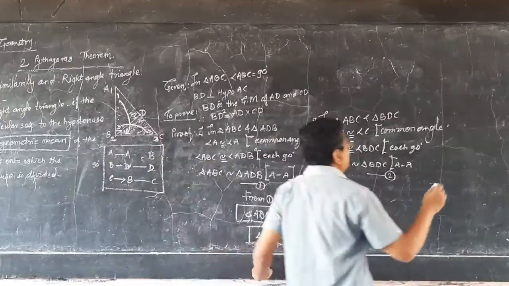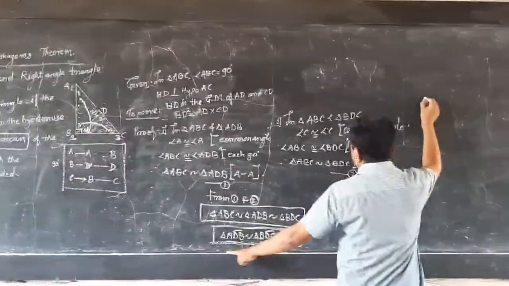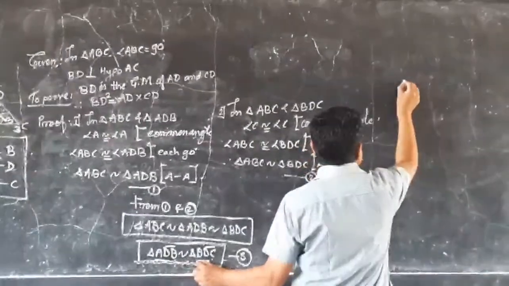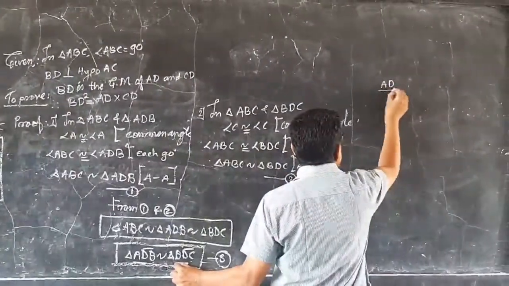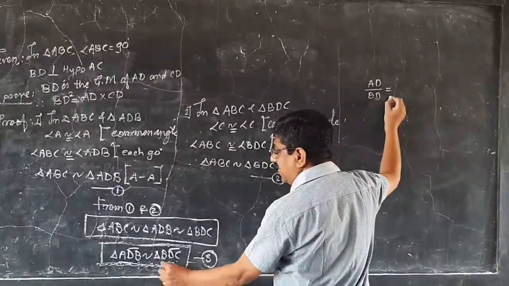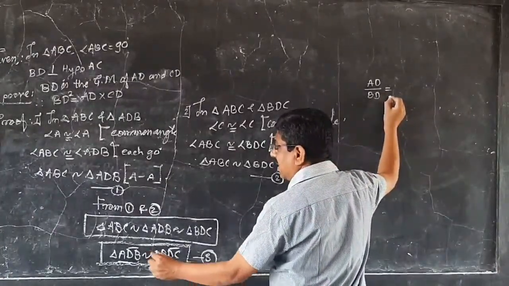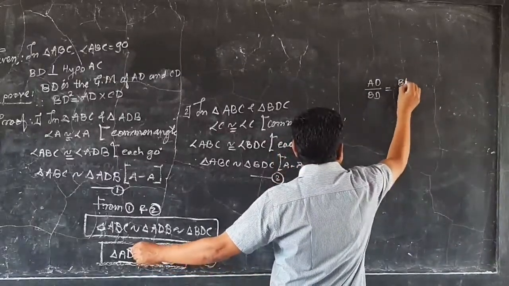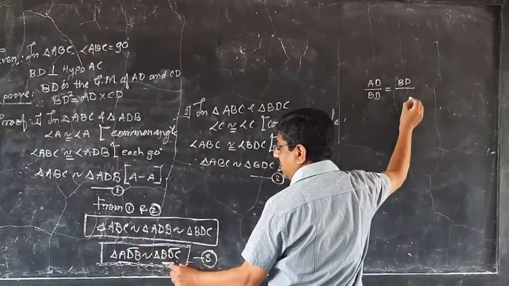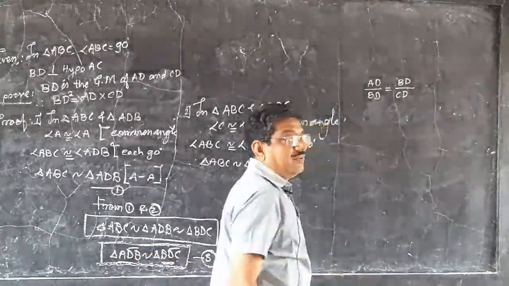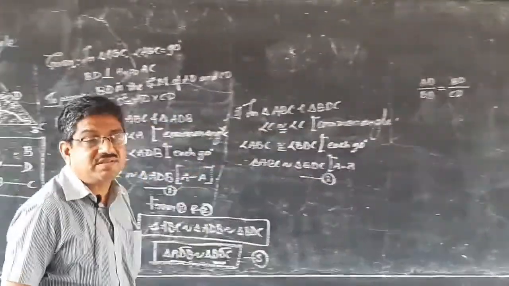Therefore, take the ratio AD upon BD is equal to, now this BD you should get, BD upon, then you will get here CD. You are taking corresponding sides that are proportional.